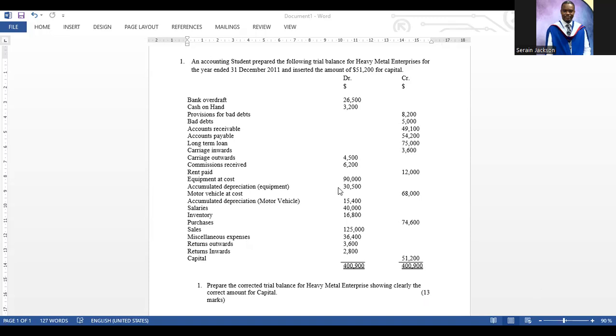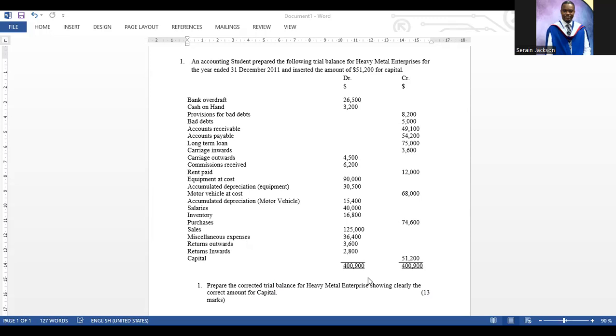What they have done here is they have given you a trial balance for Heavy Metal Enterprises for the year ending the 31st of December 2011. They have inserted the amount for capital. They have also made some errors in this trial balance, and they're asking you to prepare a corrected trial balance.